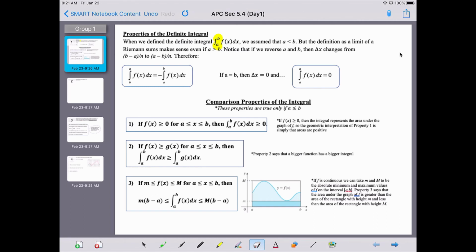So basically the area of our function has to be somewhere between those two areas. And when you look at that picture there, you can kind of see what we're talking about, and that makes good sense, right?